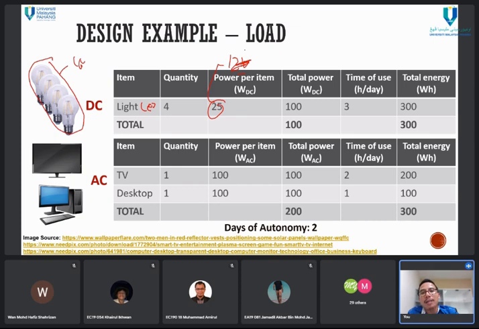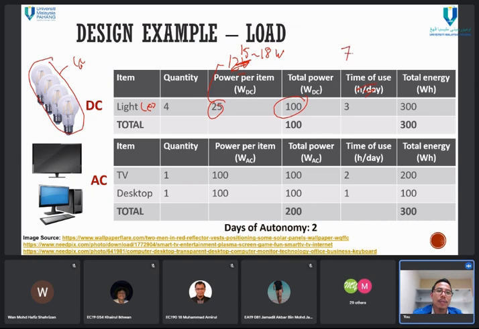If you use an LED downlight, maybe 15 to 18 watts per unit. But here let's assume 25 watt. So in total, you are going to have 4, then the total power is 100 watt, and you choose to use 3 hours per day.